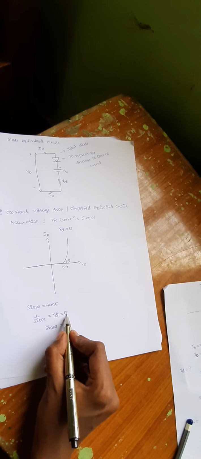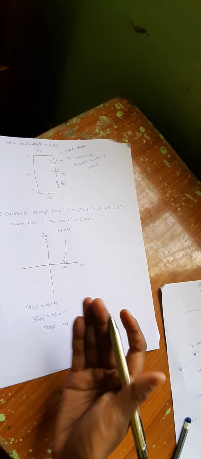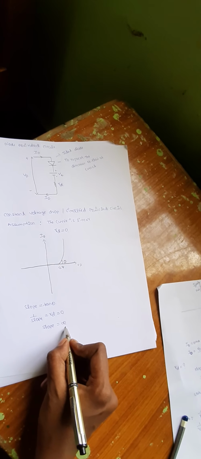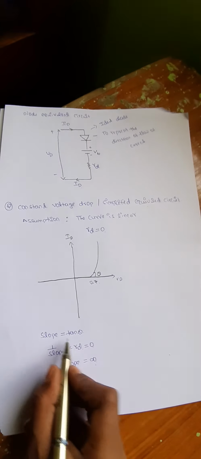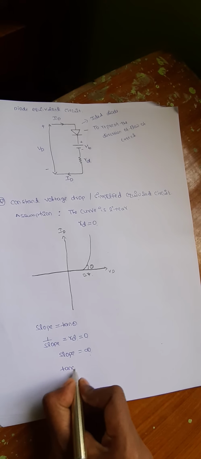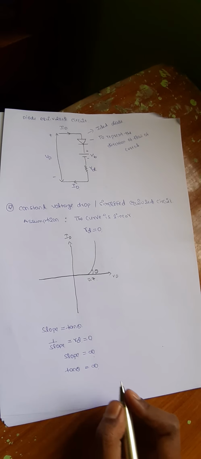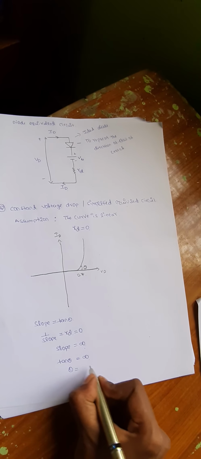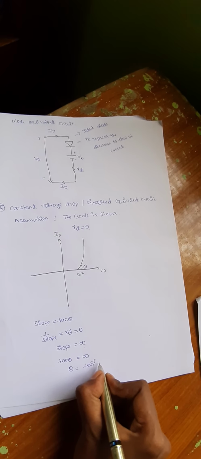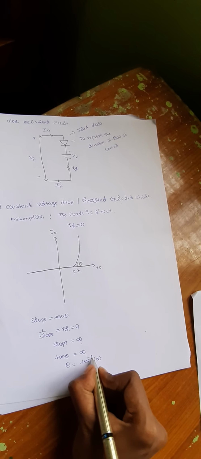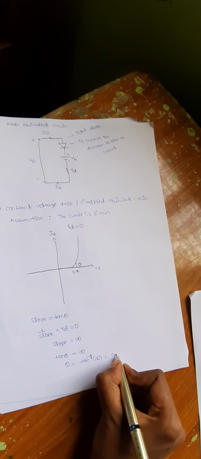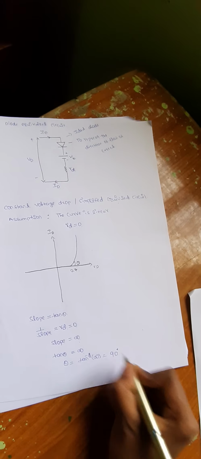If RD is 0, then taking the reverse, the slope will be infinity. If slope is infinity, then tan theta is infinity. Then theta is the tan inverse of infinity. We know that the tan inverse of infinity gives 90 degrees.